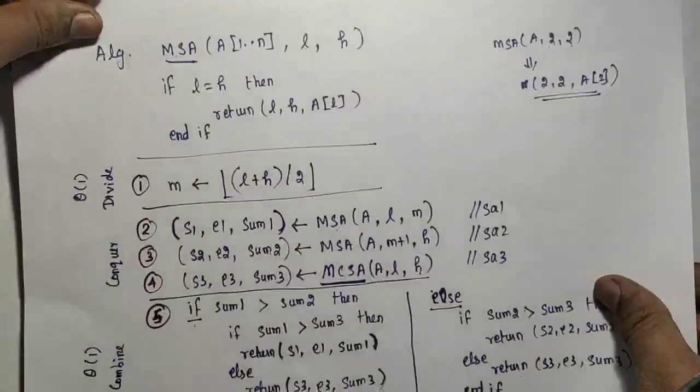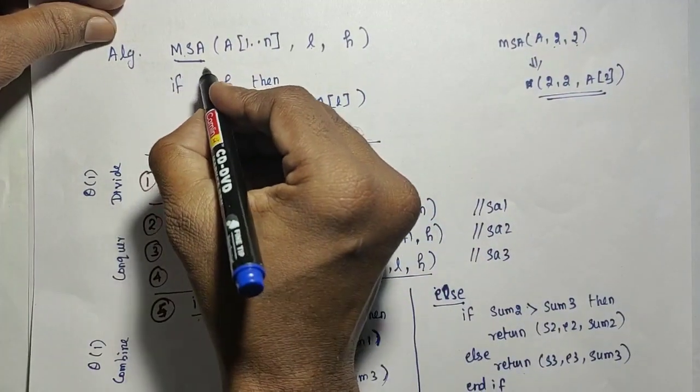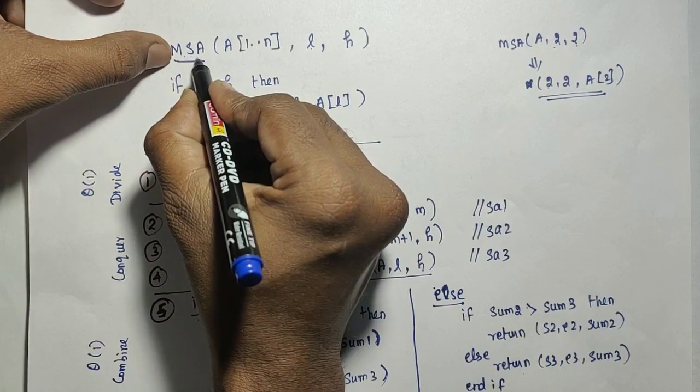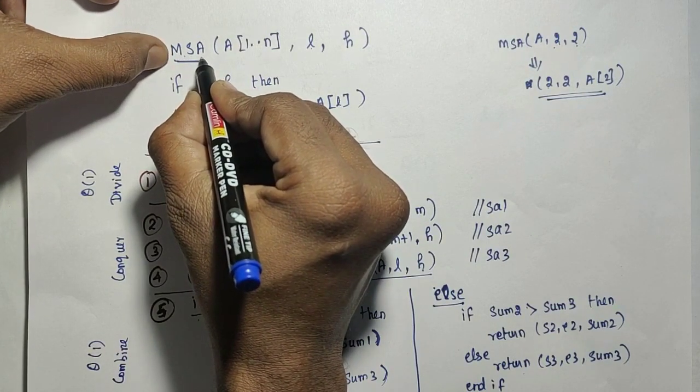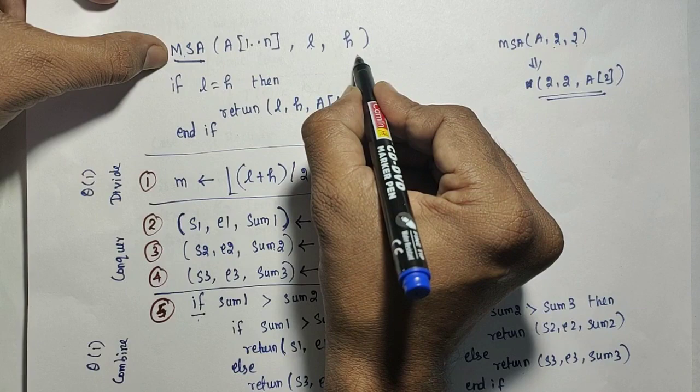Now the main call. Let us consider the main MSA is going to find the maximum subarray for n elements.